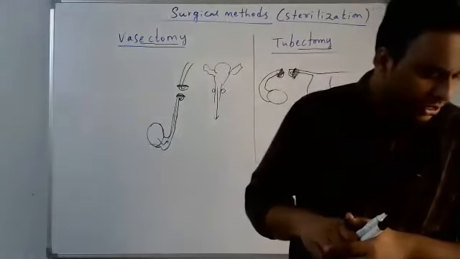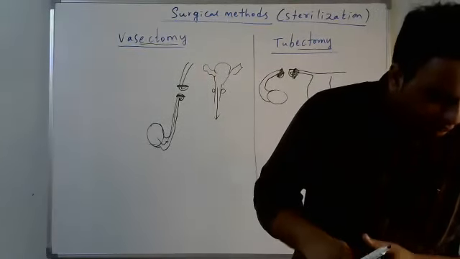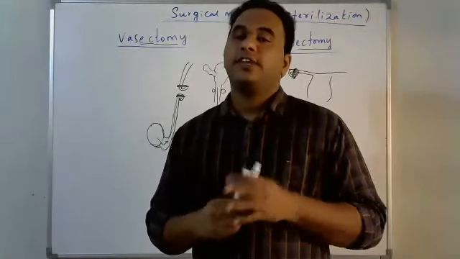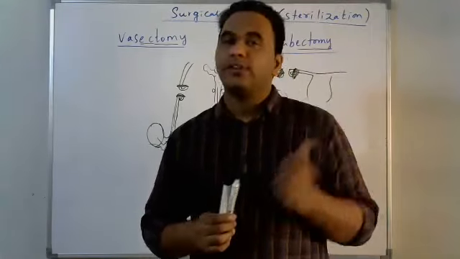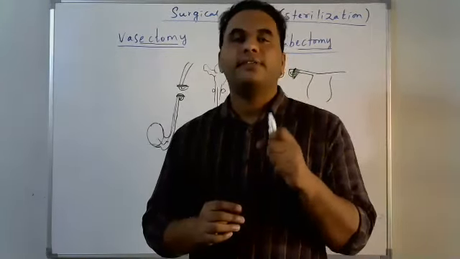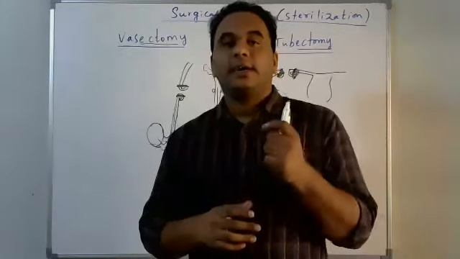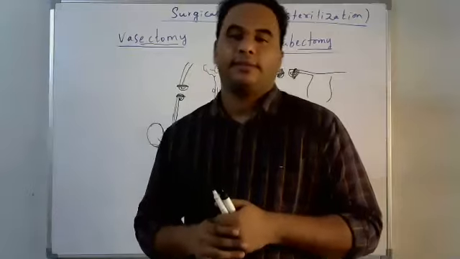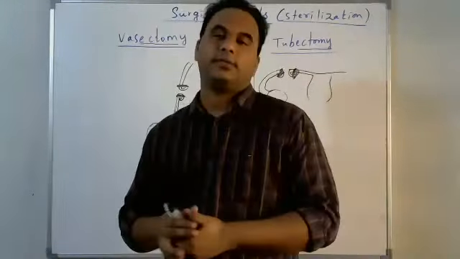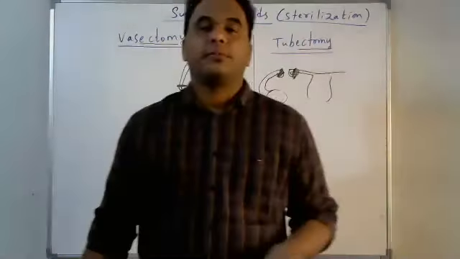Next, coming to tubectomy, the sterilization procedure in females. In this, a small part of the fallopian tube is removed or tied up through a small incision in the abdomen. Here scrotum, here abdomen only. So this is vasectomy and tubectomy.